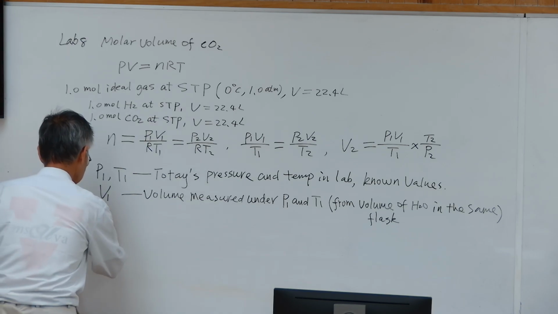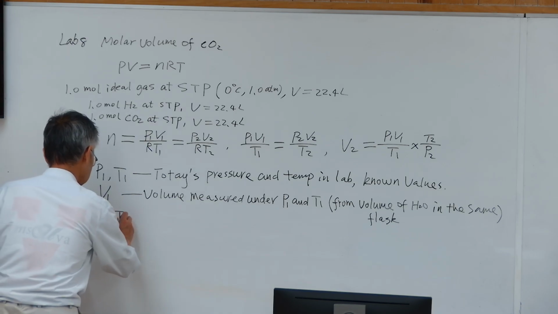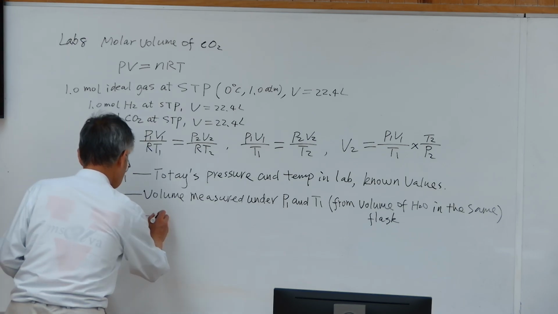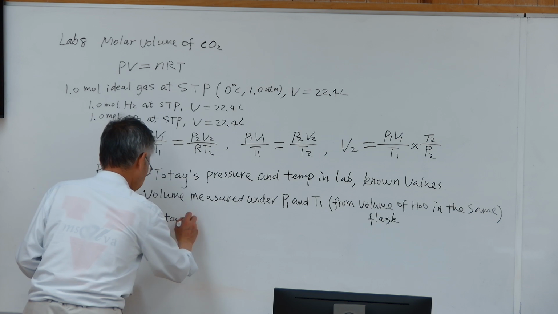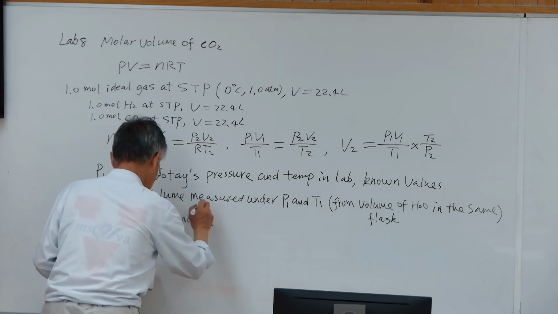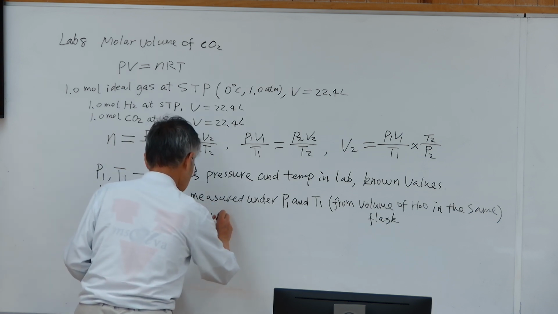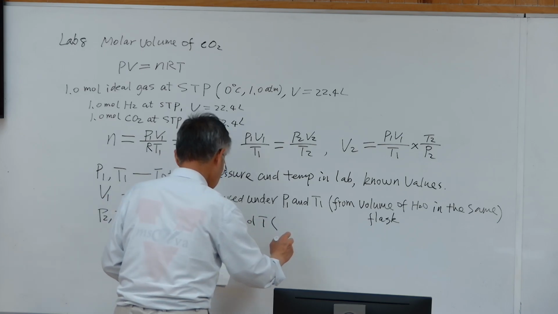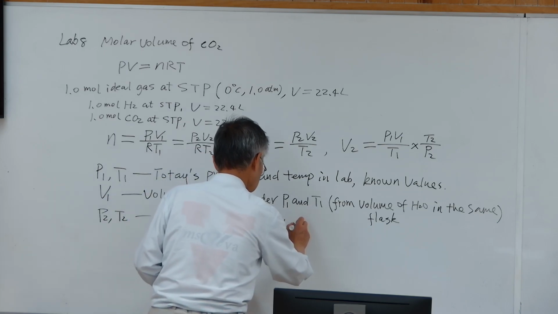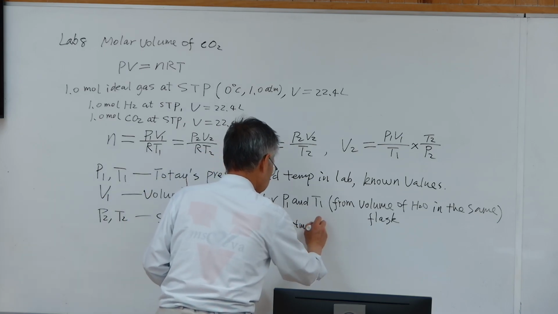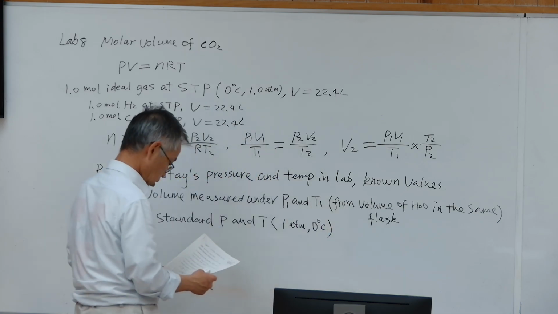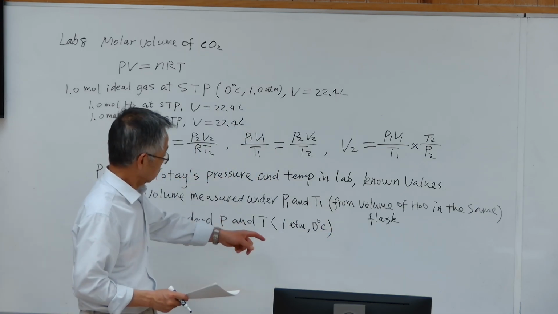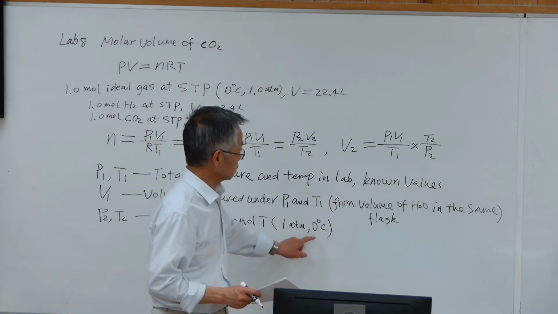And P2 and T2 are standard temperature and pressure. So standard pressure is 1 atm. Standard temperature is 0 degrees Celsius. Of course, in the calculation, we must convert 0 degrees Celsius into Kelvin.